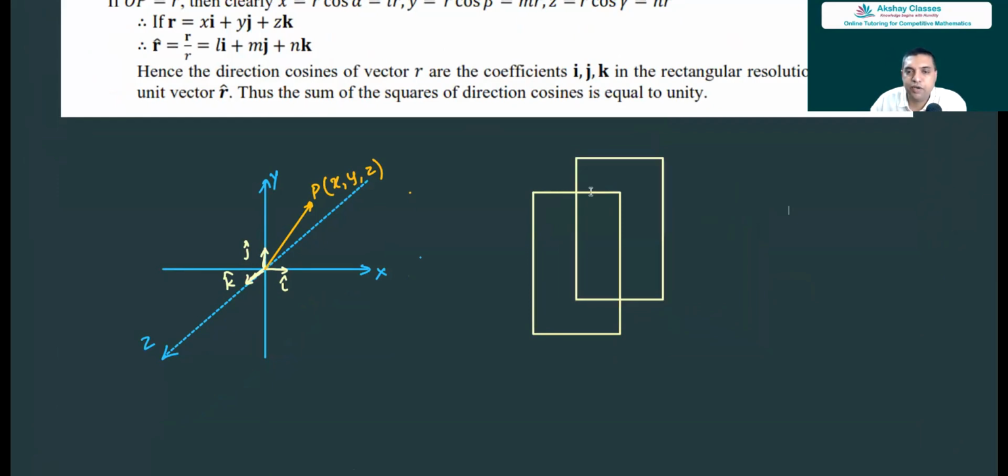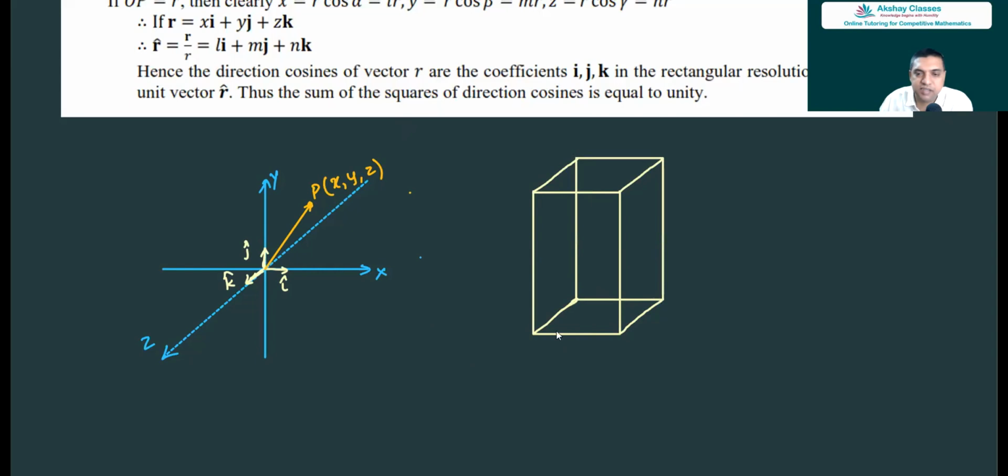All right, what we are drawing is a cuboid or rectangular parallelepiped, all right, with three sides.